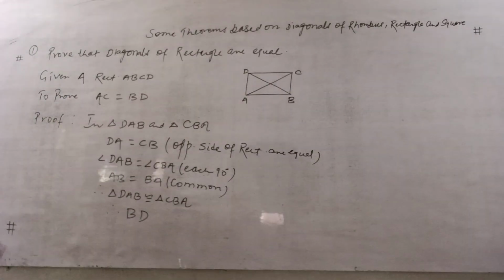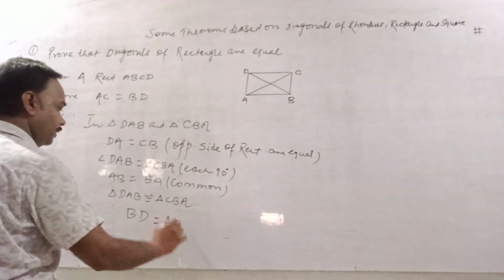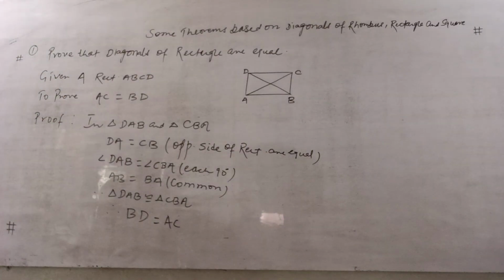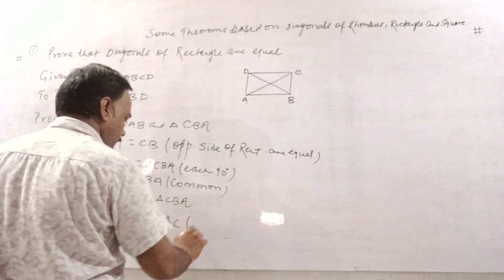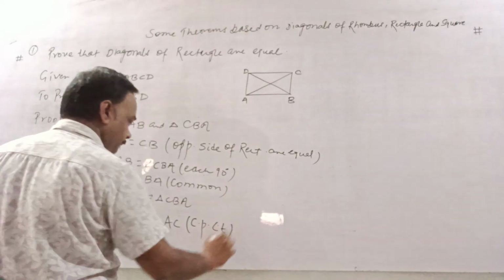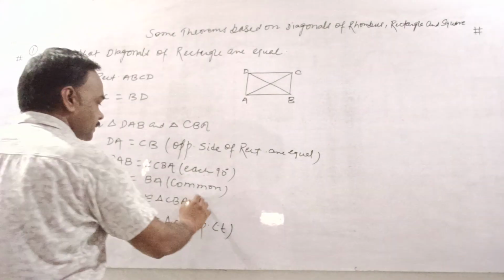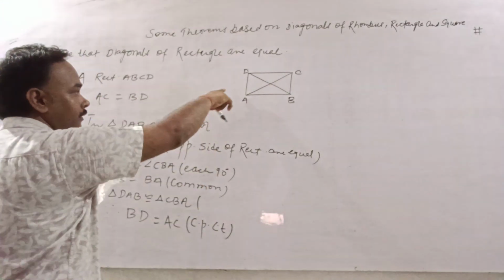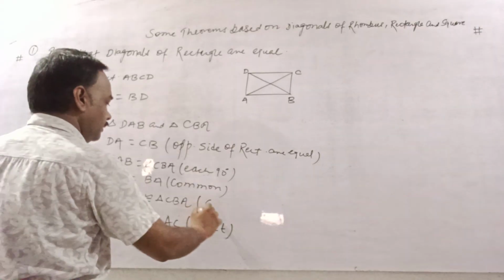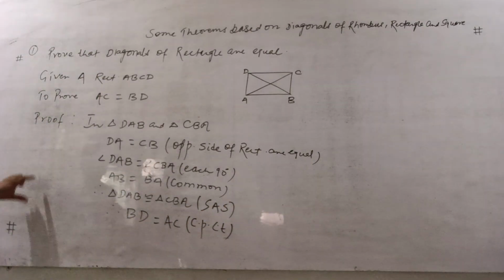And therefore BD of triangle DAB and AC of triangle CBA will be equal. Why is it equal? Because these are corresponding parts of congruent triangles. And these both triangles are equal by which criteria? Side, angle and then side. Both triangles are congruent by SAS, side angle side criteria.